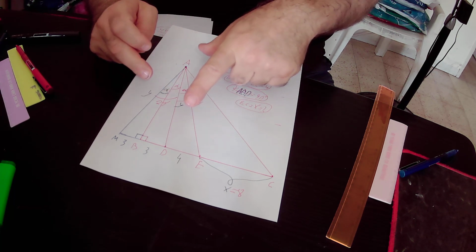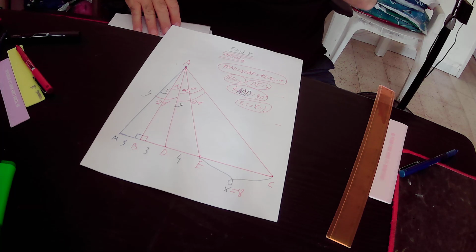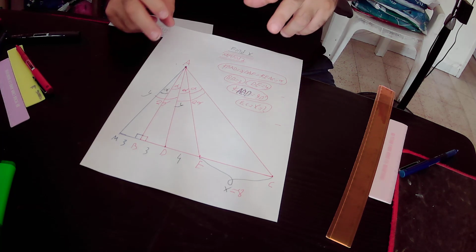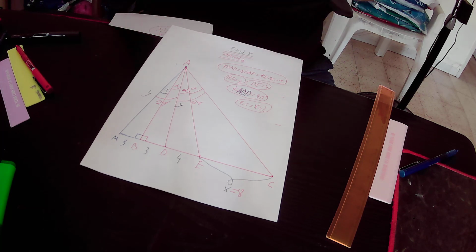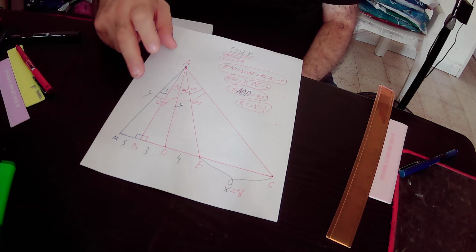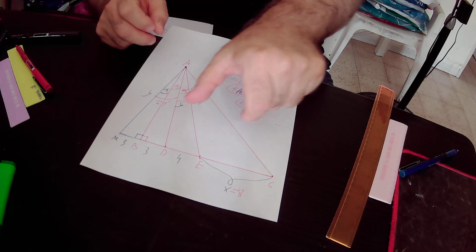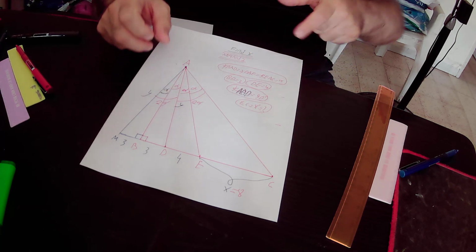For that reason, AD is the angle bisector in triangle AMC, and we have the rule of angle bisector: AM over MD equals AC over DC.